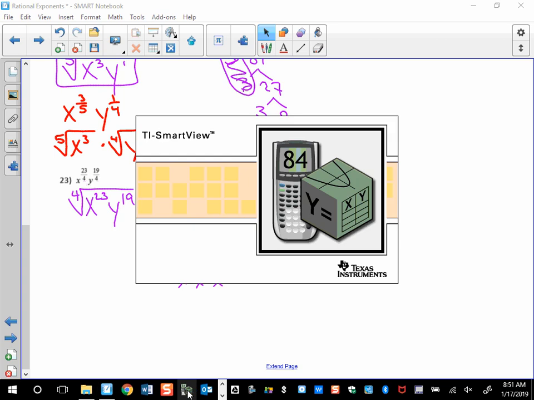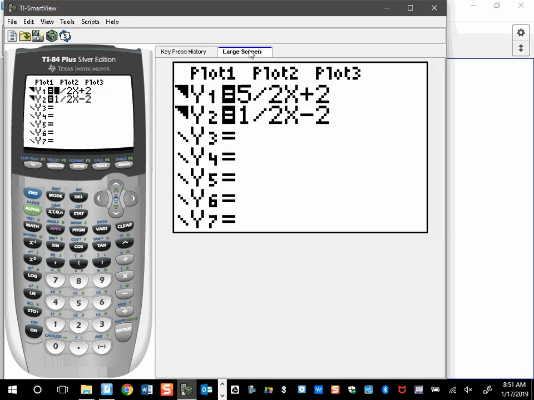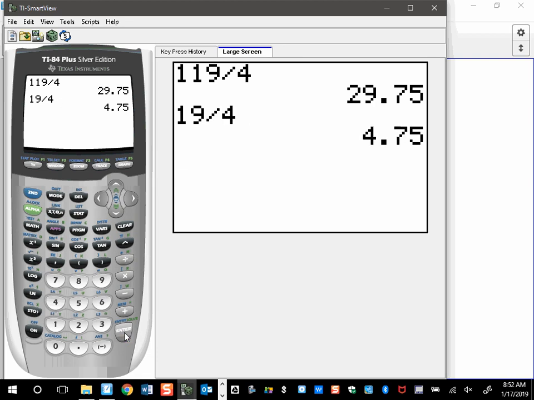Some people were asking me another way to do the remainder other than what I showed you on the calculator before, so I want to show you that real quick. So let's say I want to do the y, so I want to do 19 divided by 4. How many whole times is it going? 4.